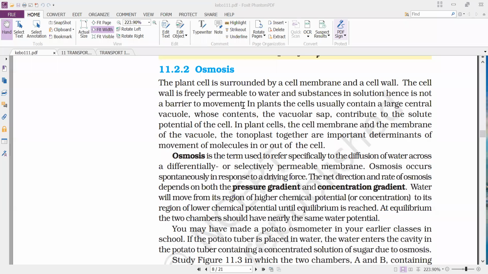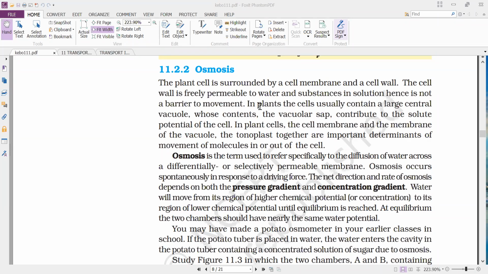That is, whatever substances are dissolved in the water are also transported through the cell wall. That's why the cell wall is not considered a barrier, because it is allowing all the substances to pass through it.